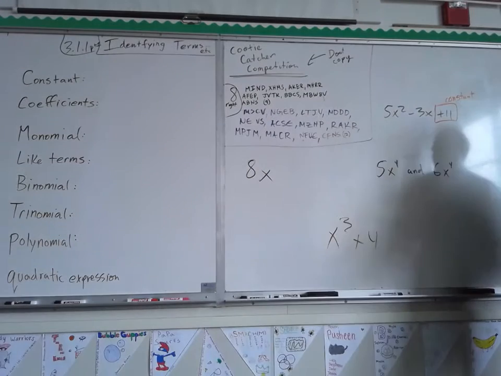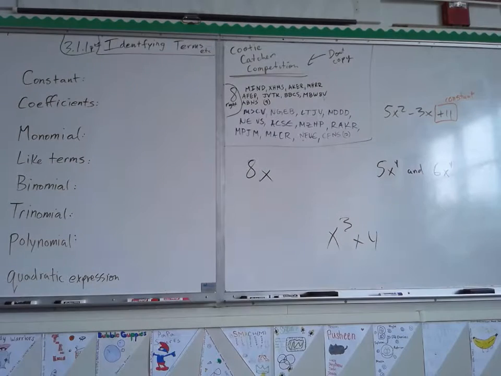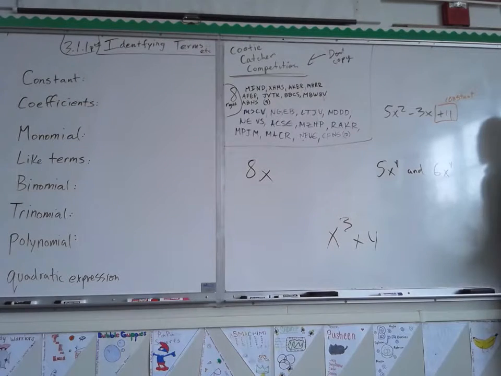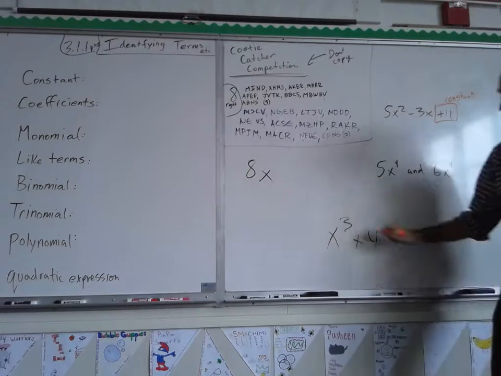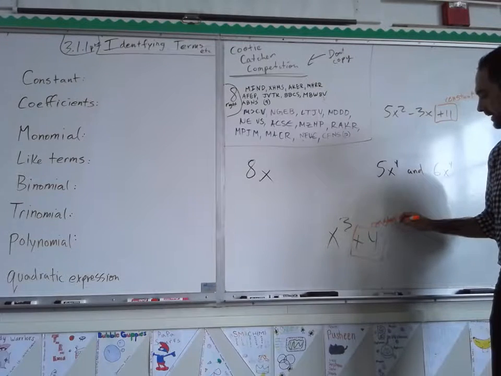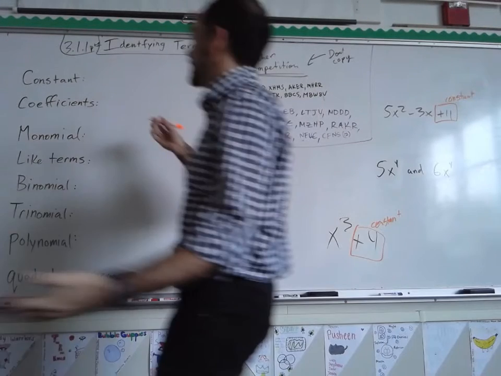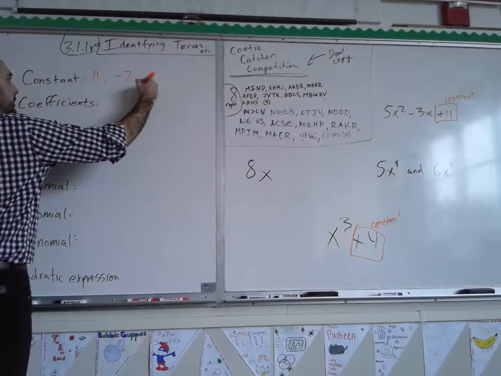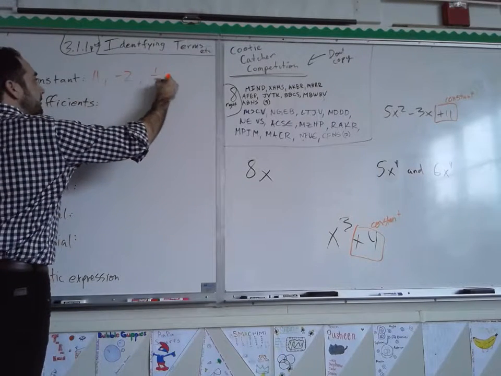Who then can see what another constant is in all of these expressions and comparisons? Jason says 4. Okay. That's our other constant. So just here under constants, I'm going to put a couple examples. 11, -2. You know, 1/2 is a constant. A fraction is still a constant; 1/2 is 1/2.